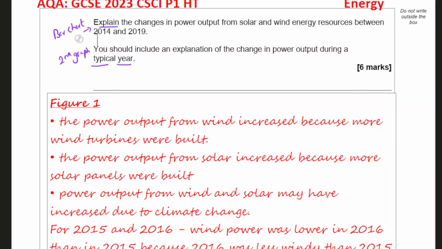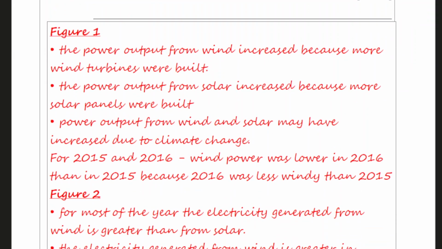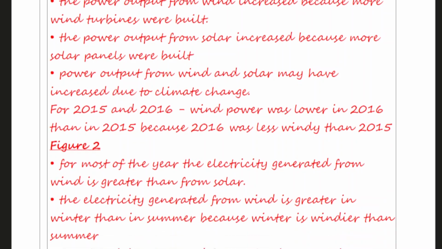Power output from wind and solar may have increased due to climate change as well. From 2015 to 2016, wind power was lower in 2016 than in 2015 because 2016 was less windy than 2015. Of course, you can write more reasons for it.